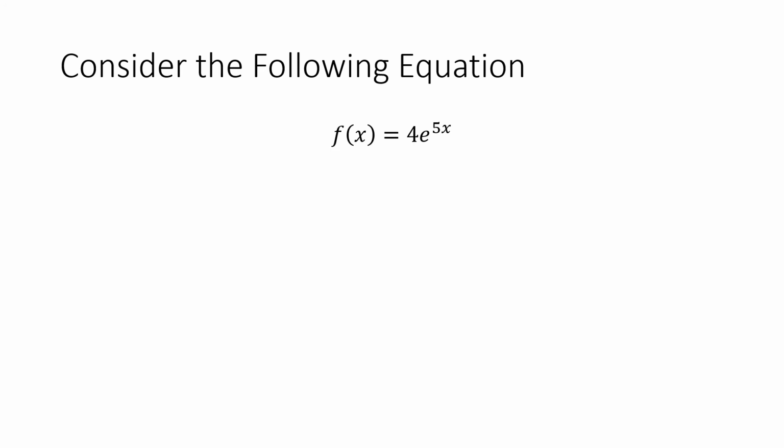So for this, to use the chain rule, we're going to go ahead and use the derivative, which is going to be 4 times e raised to the 5x multiplied by the derivative of the inside function, which in this case is going to be 5x. So the derivative of that is going to be 5, which is then going to give us a derivative of 20 times e to the 5x.